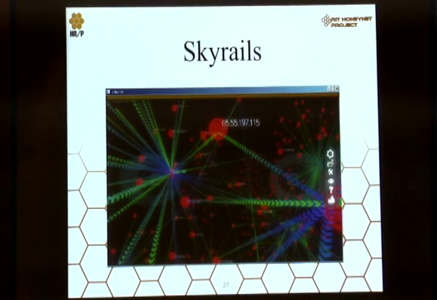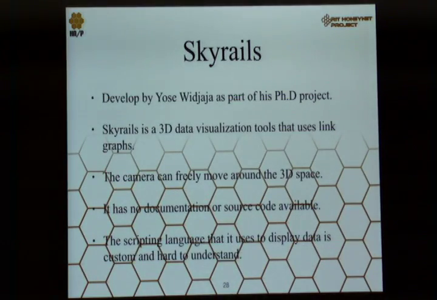SkyRails was a program I found about three or four years ago during labs. It looks real nice, but it's a pain in the ass to work with. I'm not even going to try to pronounce his name. This was his PhD project.